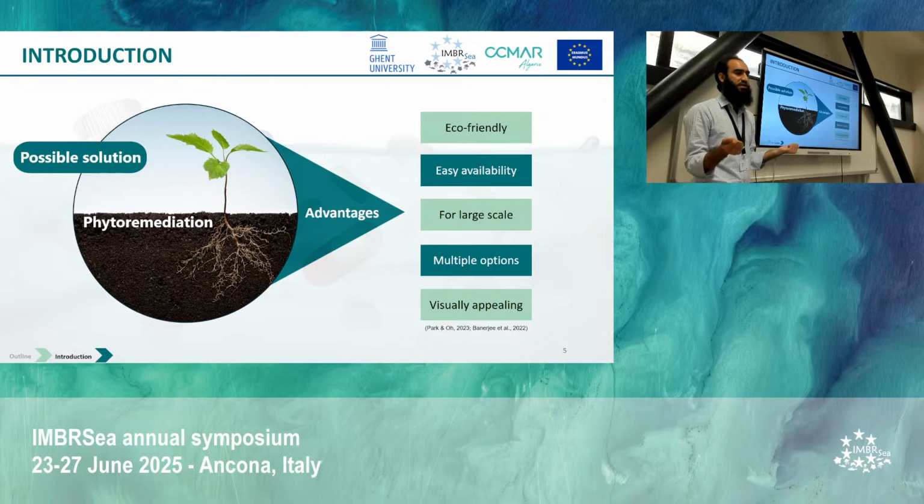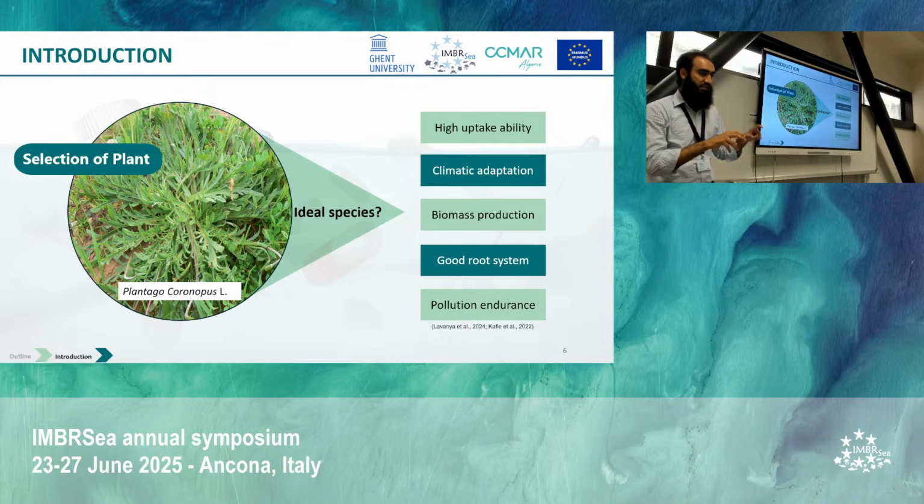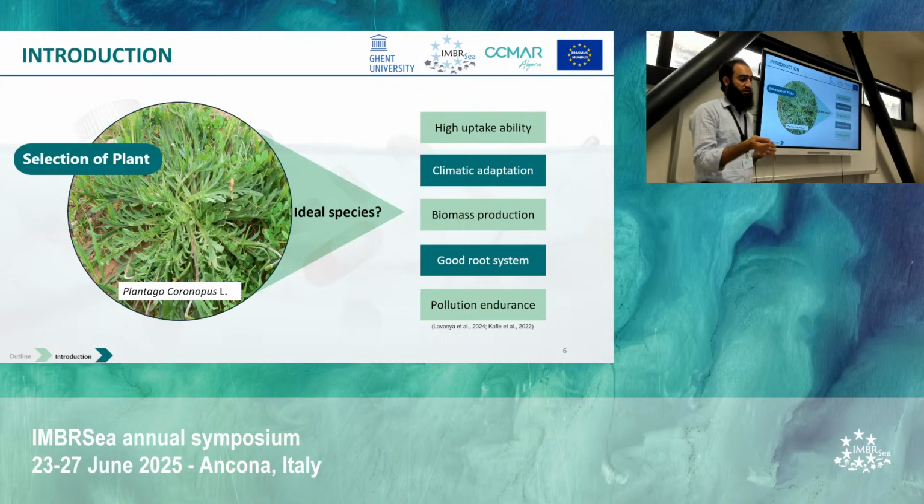It is an eco-friendly technique, plants are easily available and we can select from many options, and they also add visual appeal. When we talk about phytoremediation, it's very important to select an ideal species. This study is basically to assess whether Plantago is a good species for the phytoremediation of pharmaceuticals.